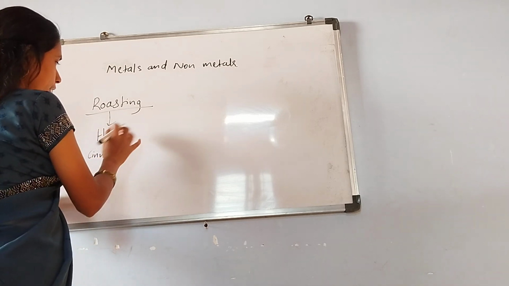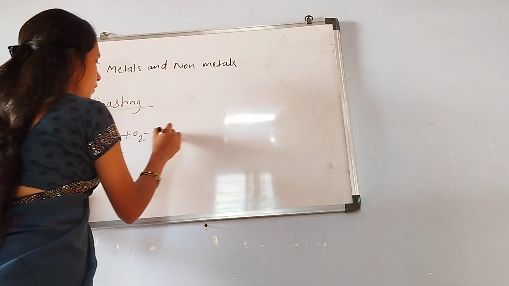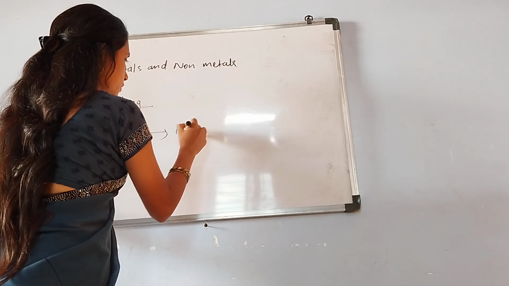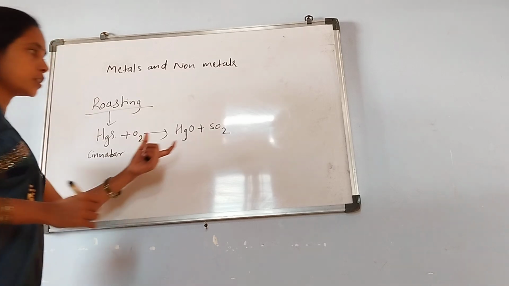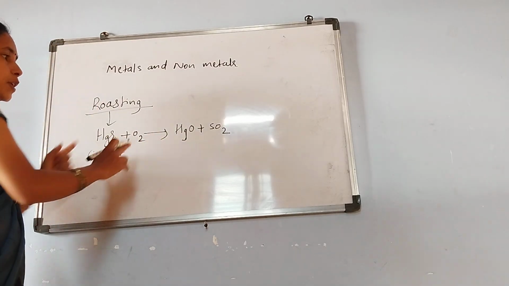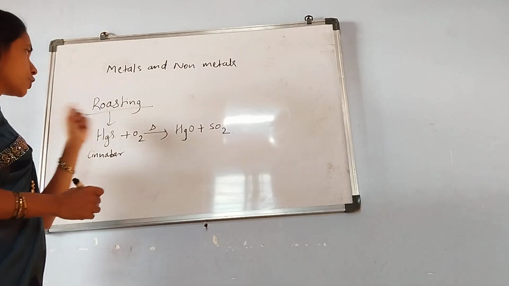This mercury sulfide we heat in the presence of oxygen, and we get mercuric oxide plus SO2. So this is about roasting.